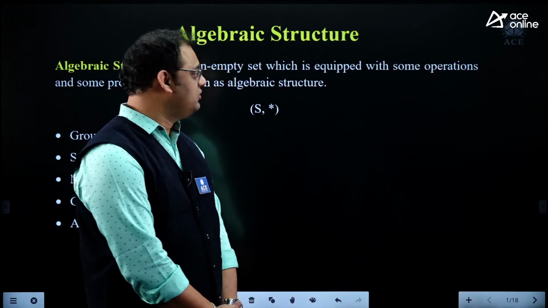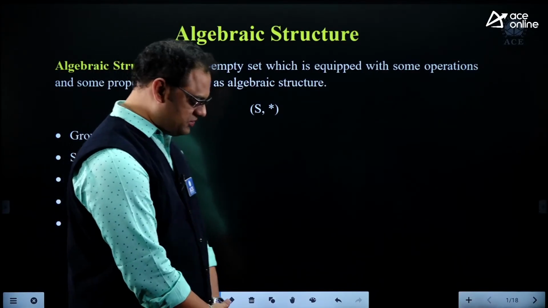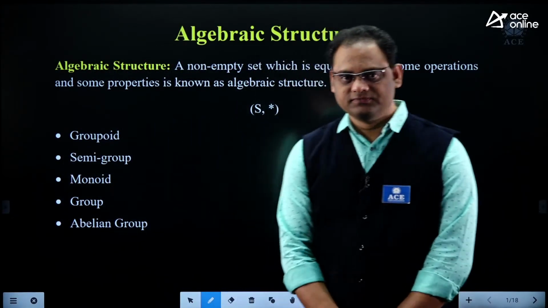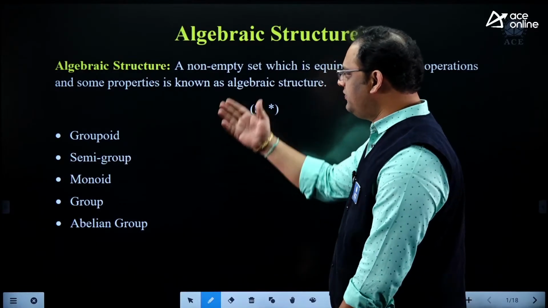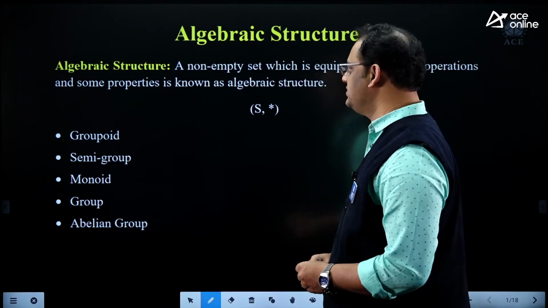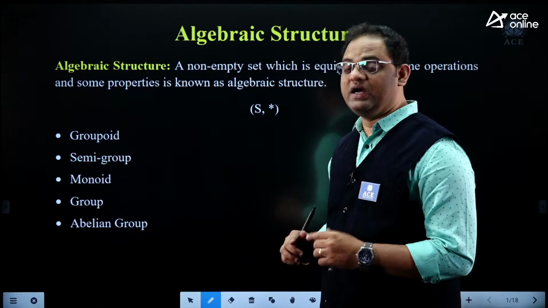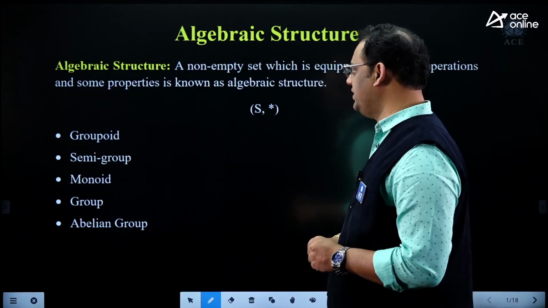Let us move on to the topic, and we can discuss some algebraic structures. My dear students, we have algebraic structures like this. The definition of an algebraic structure is a non-empty set which is equipped with some operations and can also follow some properties.